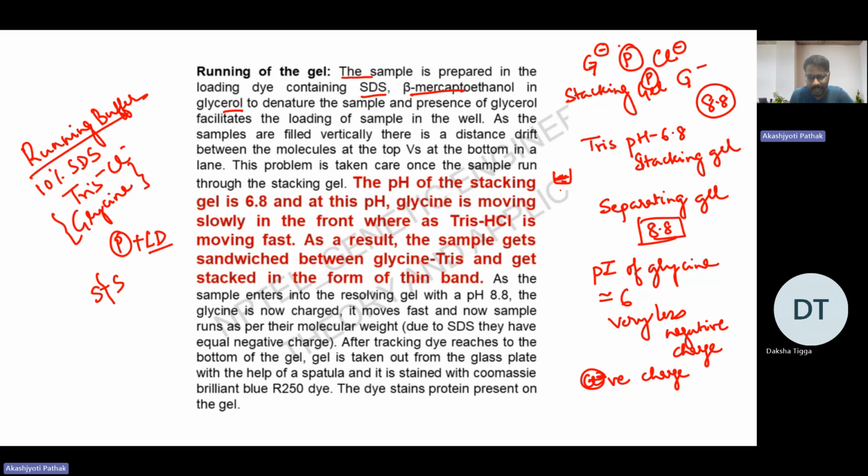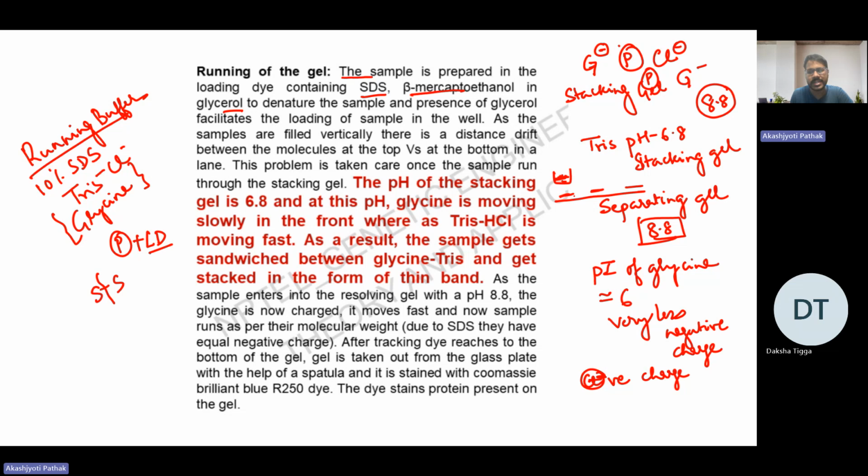So all the protein molecules will not be at the same place. When you load your sample in the well, all the samples will not be at the same position. You want all your protein samples to come to the same position, so that is why you need a stacking gel. When the protein runs through the stacking gel, all your protein samples will come to the same position.